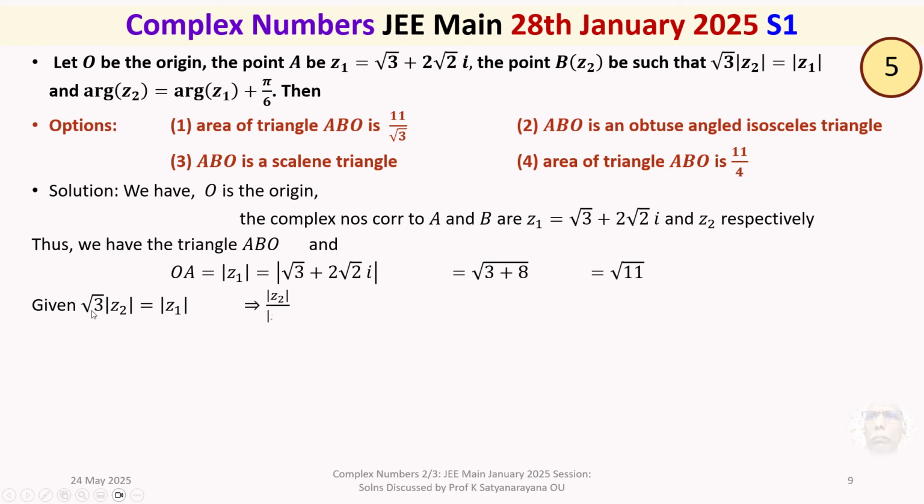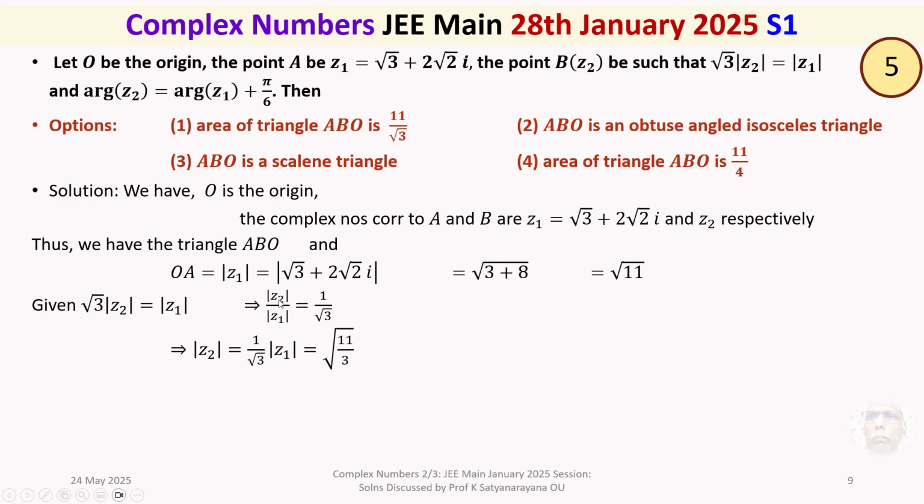Given root 3 times mod Z2 is equal to mod Z1, that means mod Z2 by mod Z1 is 1 by root 3, which is the same as modulus of Z2 by Z1 being 1 by root 3.